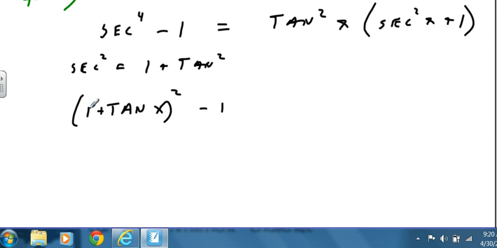All right, so I'm going to square this guy. 1 plus 2 tangent squared x plus tangent to the 4th x minus 1.